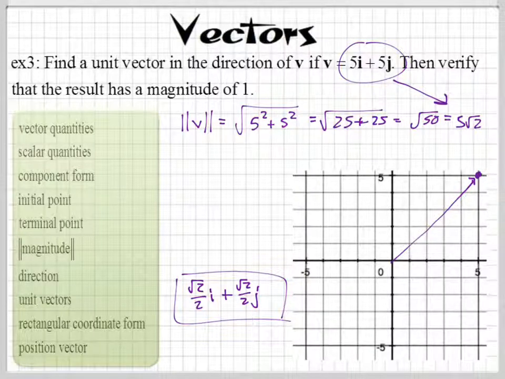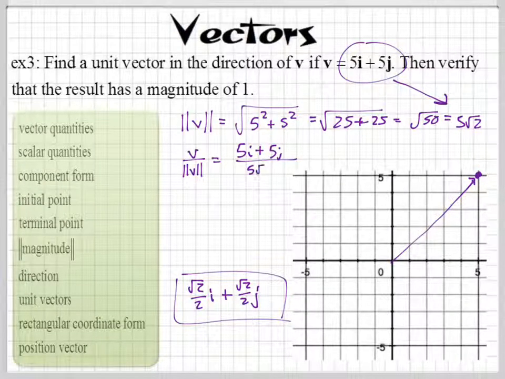There is a way to find that. What you do is you take your vector, which is v, and you divide it by the magnitude, which actually makes sense, right? Because you know that's going to equal 1. So this would be 5i plus 5j, and we're going to divide that by 5 root 2.